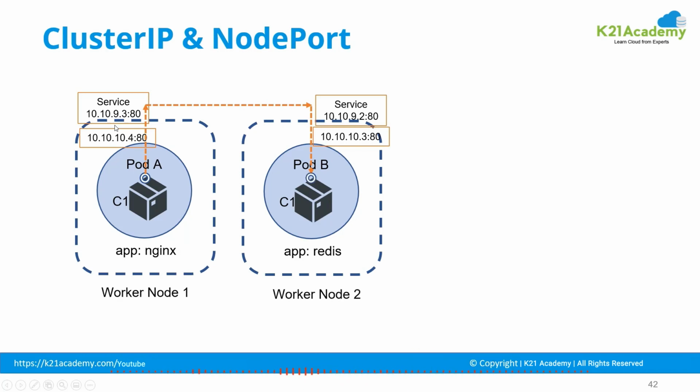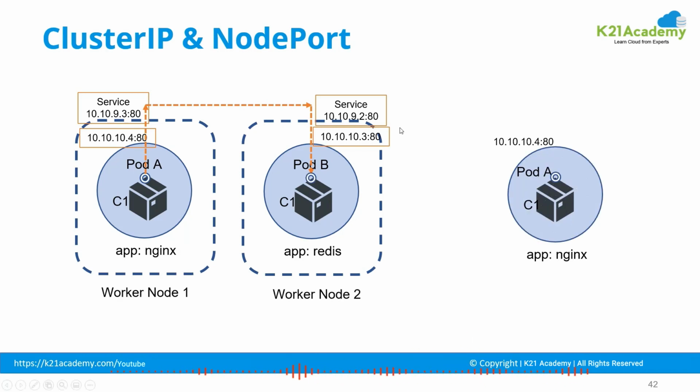Now, something similar to that, you have a node port where, let's suppose you have an application. This Nginx application, you want to expose it to the external world. So you will have a pod and a service exposed, and the service IP is 10.10.10.4:80. This is the cluster service address. This 10.10.10.4 IP is the pod IP, and then you've exposed it via the service which is 10.10.9.3:80.